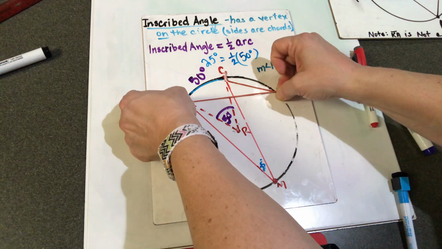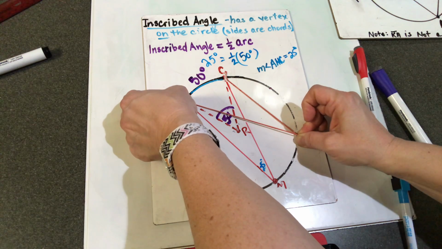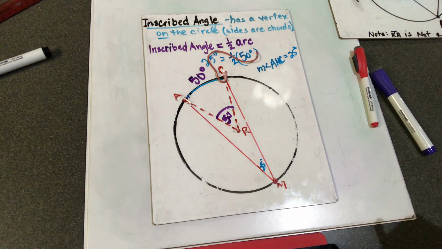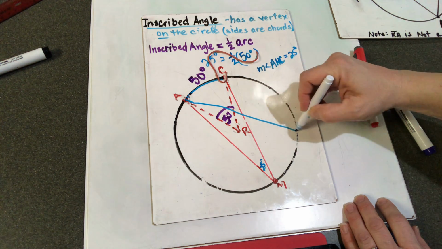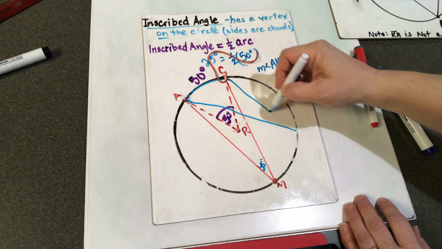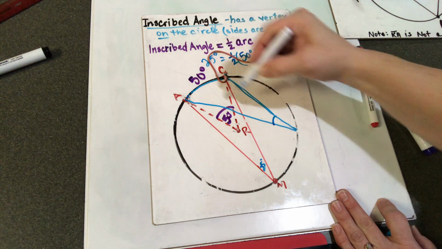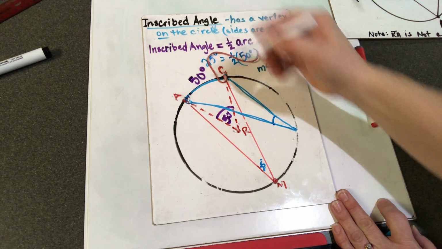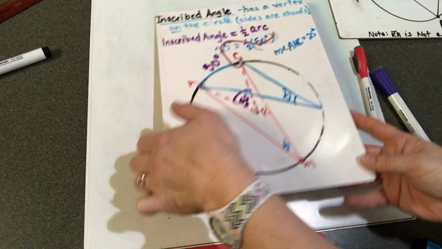Even if I come way up here, this angle is 25 degrees, as long as it cuts off that same arc. So even if I had this angle way over here, if it intercepts that arc, then it's also 25 degrees. Okay? All right, so let's use that for our circles.